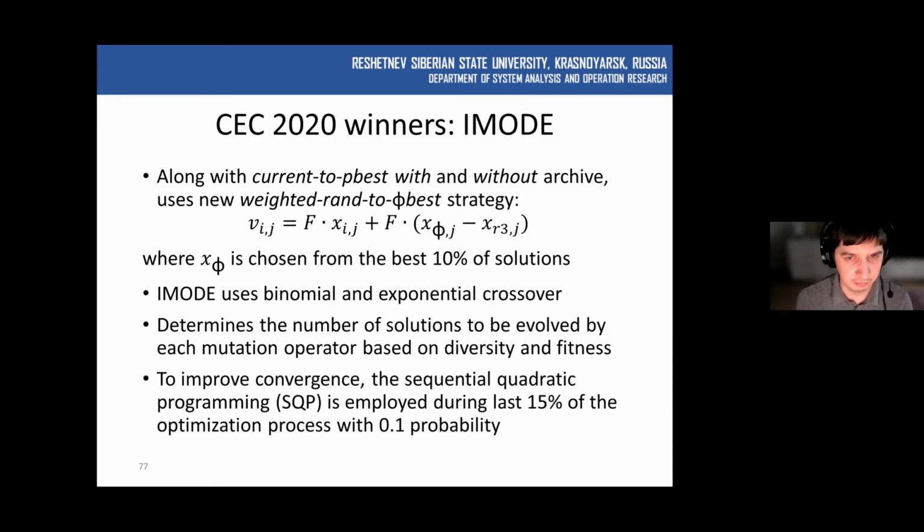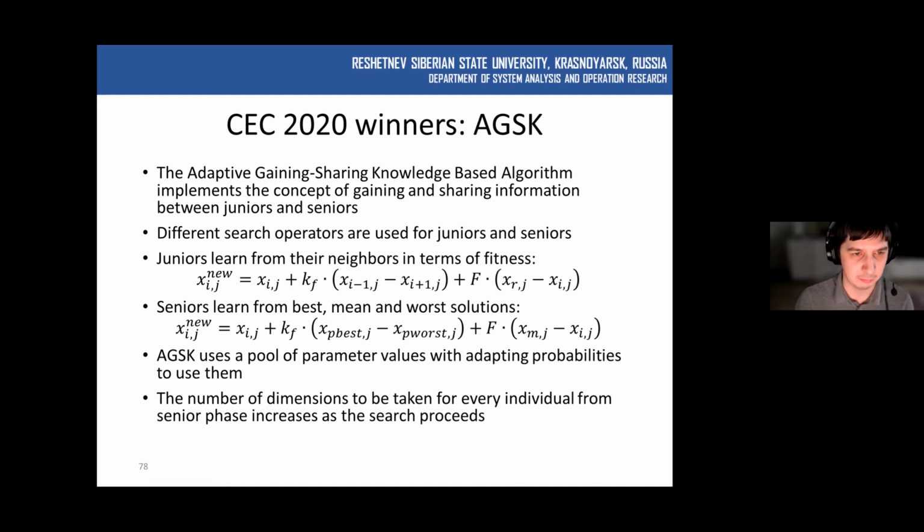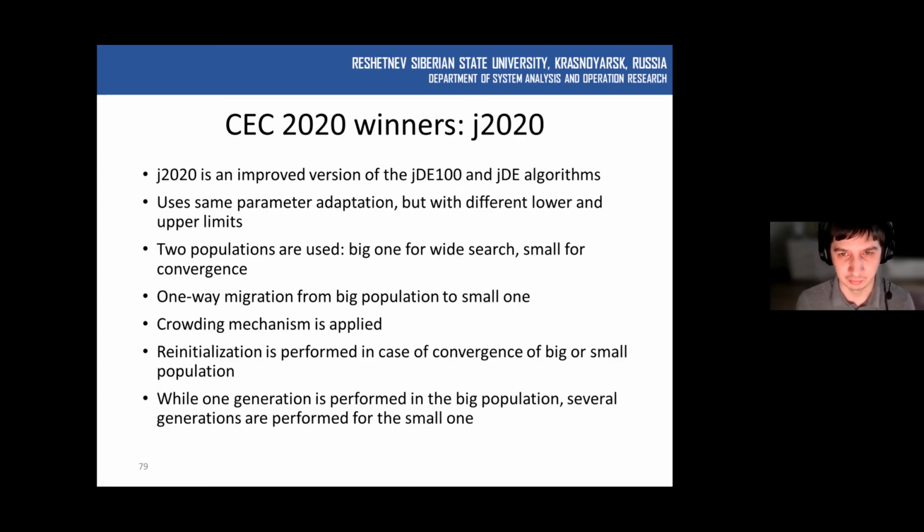And last year, the winner was IMODE with local search, AGSK, which is a case of, this is not differential evolution, but it actually uses the same equation. This is the case when we have non-differential evolution, which is actually differential evolution. And for example, j2020, a lot of algorithms also use the jDE framework.